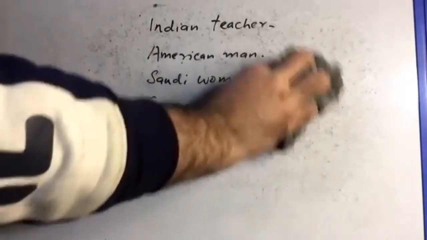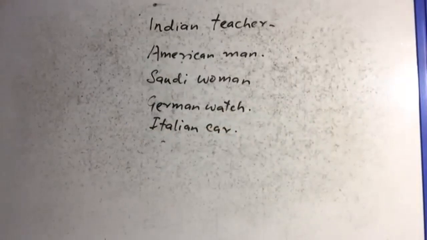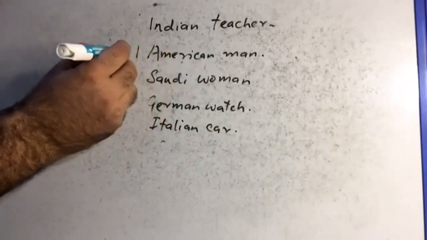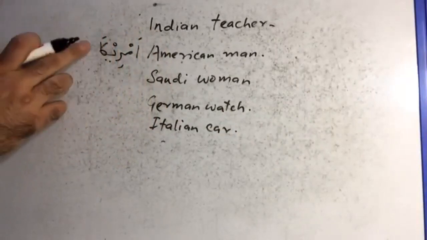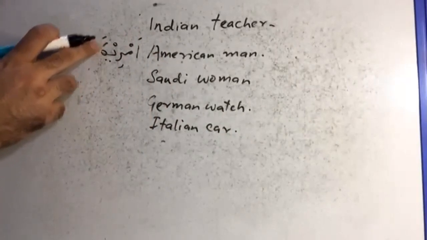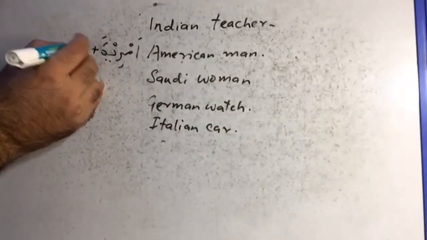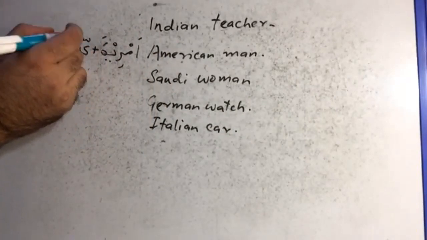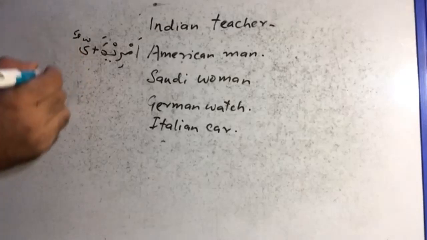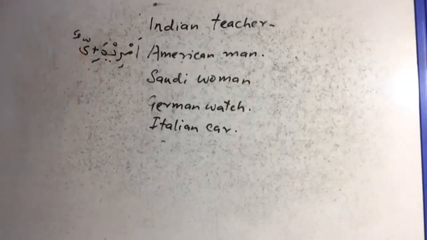Now if I had to write American man, how do I write America? Amrika, right? So I drop the alif here. In America, the alif gets dropped, and I add a ya: Amrikiyun. This will go to kasra so that we can pronounce it.